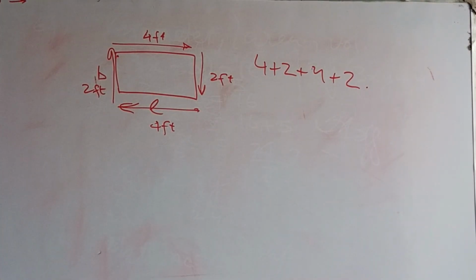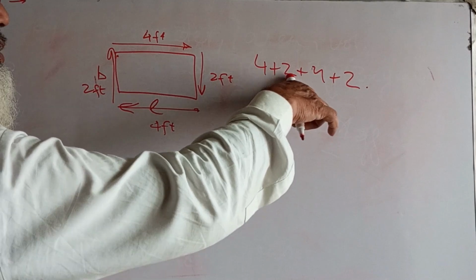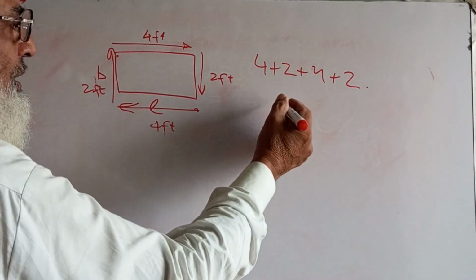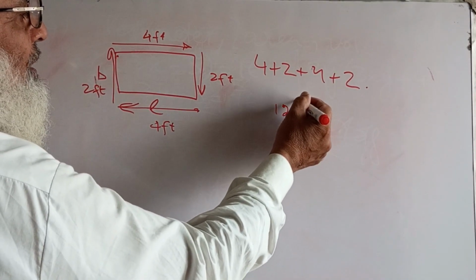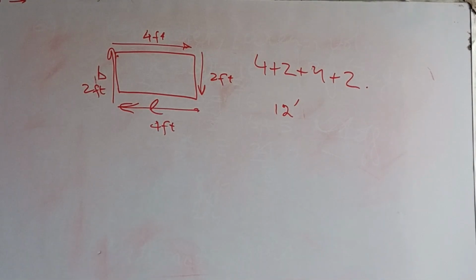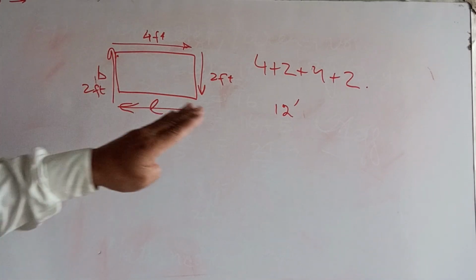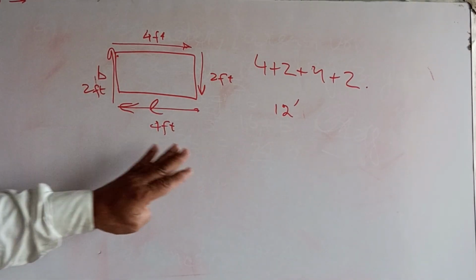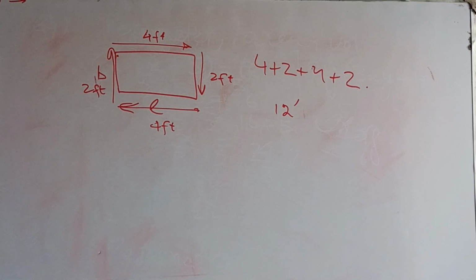Is it clear to you? Now, what is the net result? 4 plus 2 is 6, 4 plus 2 is 6, it means 12 feet. 12 feet is the total boundary of this rectangle. So this 12 feet is the perimeter of this rectangle.